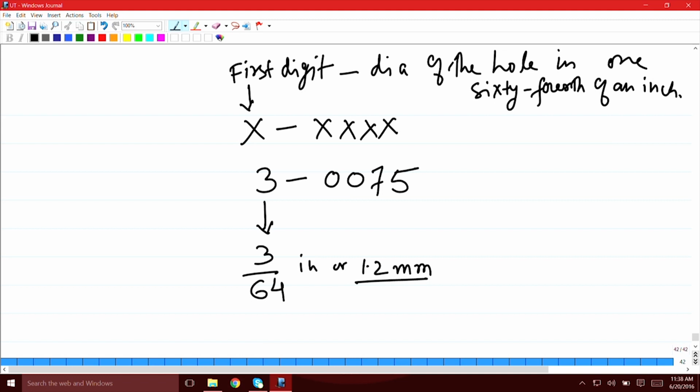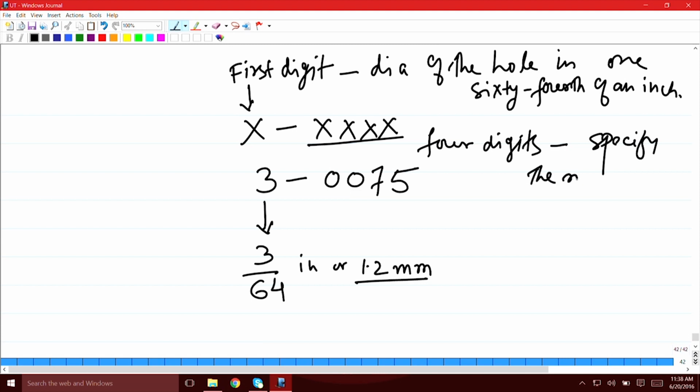Okay. And the last 4 digits that you have specify the metal distance in inches. Okay. For example, in this case, these are the 4 digits.